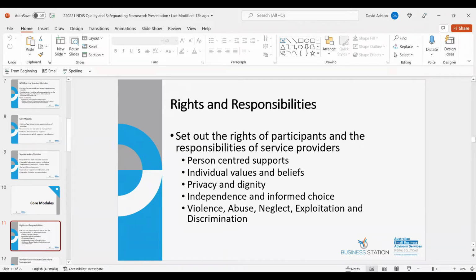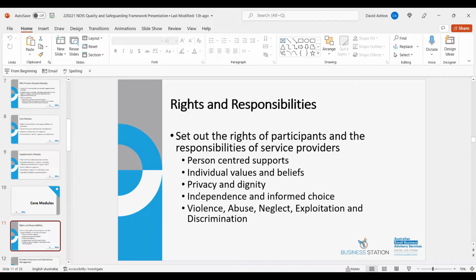So you need to respect their rights as an individual. Just because they have a disability, they still have certain rights to make decisions on their own behalf and to be provided with information to make informed decisions. So these need to be incorporated into everyday practice.